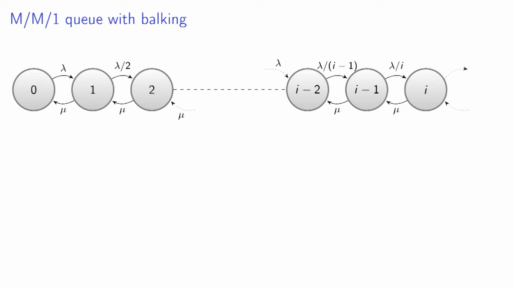Another interesting example is that of a queue with balking. For call centers, it's a key problem to assess the impact of the impatience of customers. One of the simplest models we can envision to represent this type of impatience is known as an M/M/1 queue with balking.